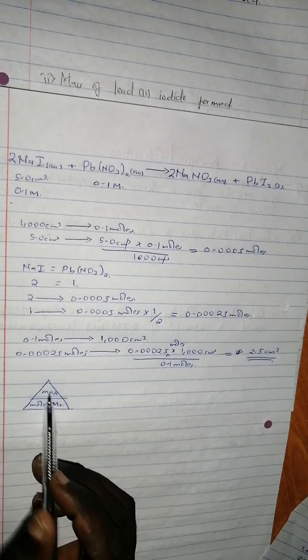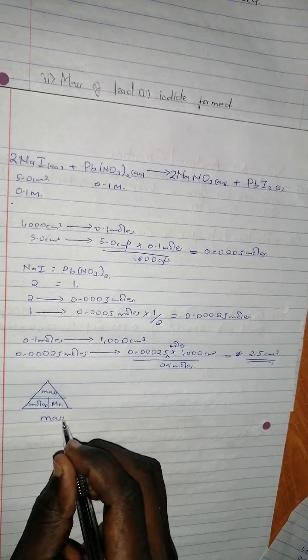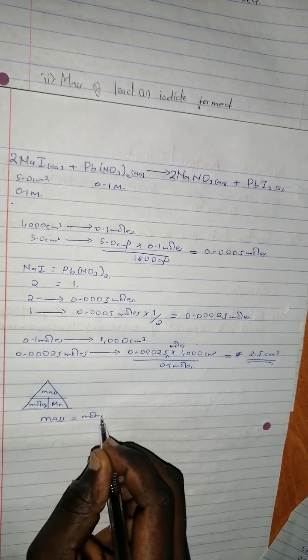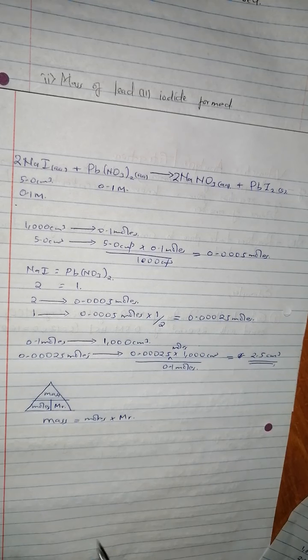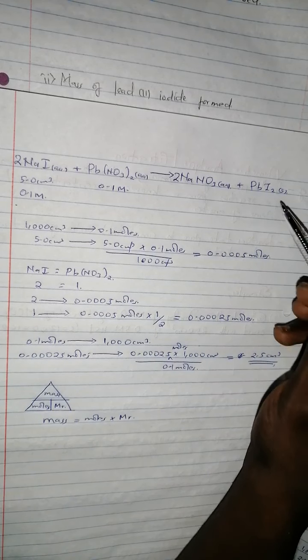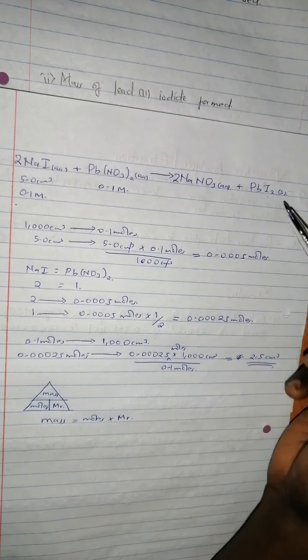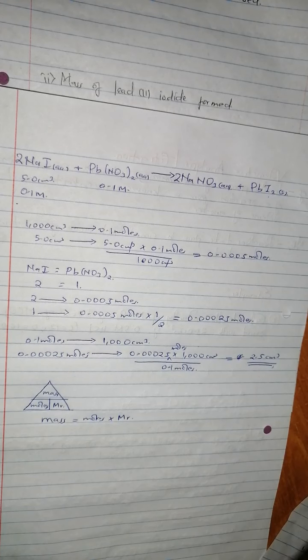It means that if I want to get the mass of anything, I'll take moles times relative molecular mass. Now, I don't have the relative molecular mass of lead iodide. I don't have the number of moles of lead iodide. So how do I calculate them?